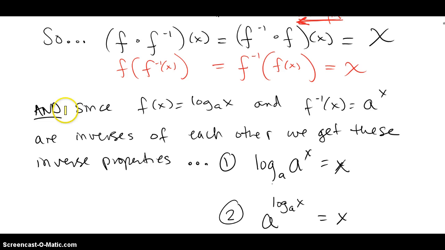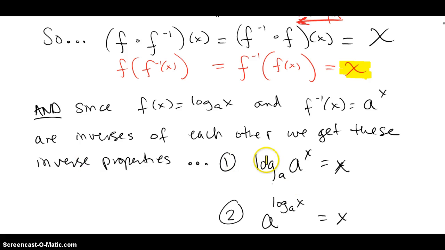Further, since f of x is log base a of x and f inverse of x is the exponential function a to the x, and these guys are inverses of each other, if I compose the two, meaning if I plug this inside of this function, or take this whole function and plug it inside the log function, I'm going to get back to x, where I started, by doing these two function compositions. So they give us more properties.